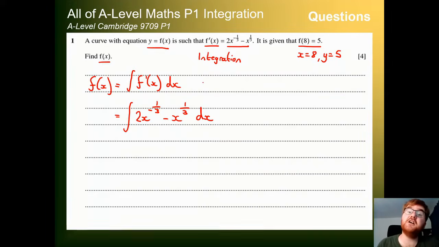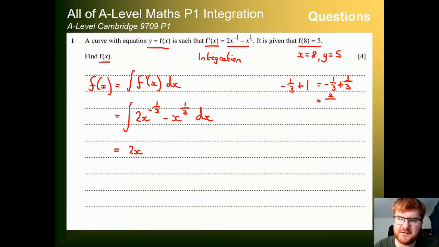This gives us a chance now to go through the basic integration rules before we look at a more complicated example. If we want to integrate this, the way I tend to do it is I add 1 to my index, so I'm doing minus a third plus 1, and you can think of this as minus a third plus 3 over 3.